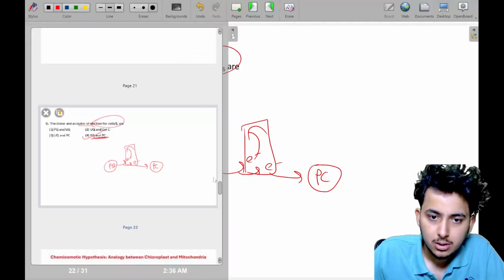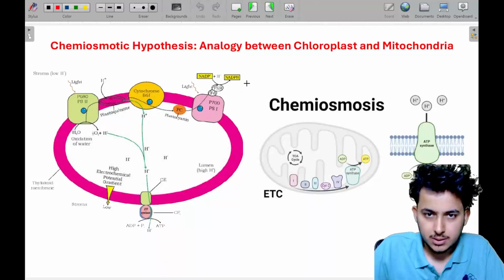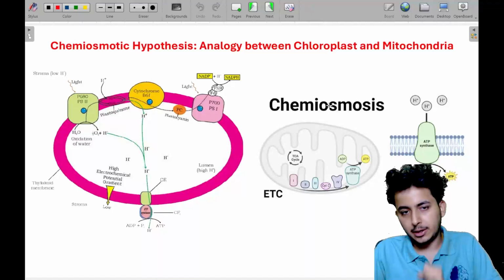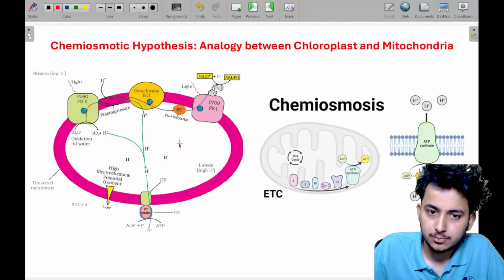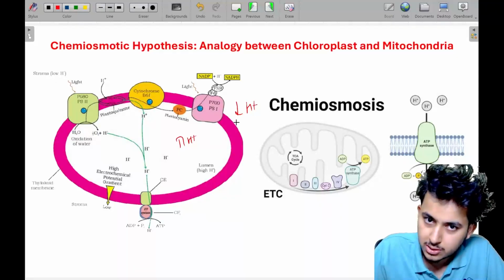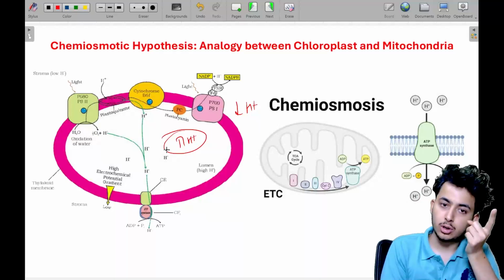Then, the chemiosmotic hypothesis. Basically, you should have an analogy between the chloroplast and mitochondria. In case of chloroplast, in the lumen you have high proton concentration. In the stroma you have lesser proton concentration. Reason for high proton concentration, repeat with me: photolysis of water.